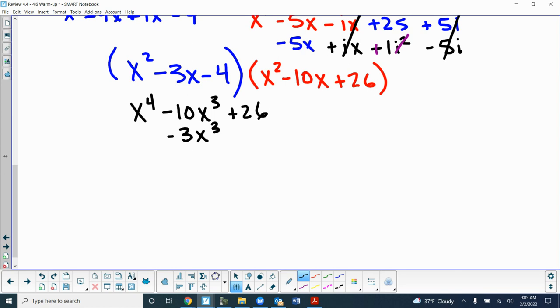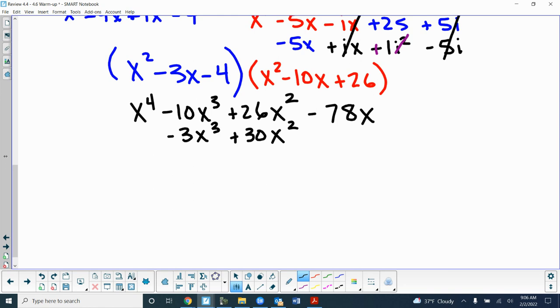Negative 3x times negative 10x is positive 30x squared. And negative 3x times 26, what's that? 78x.